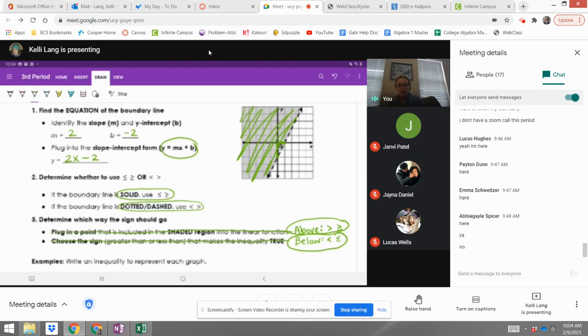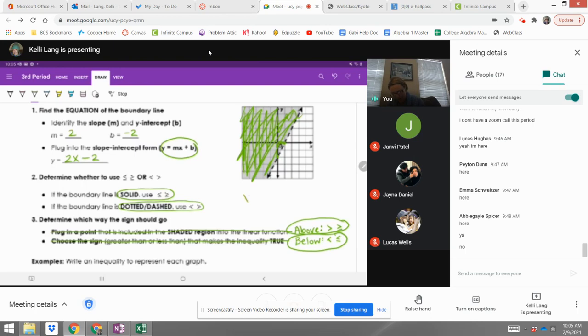Time to put our examples to use. We already figured out, for this example up here on the right, that our m is 2, our b is -2, and our mx plus b form is 2x minus 2.